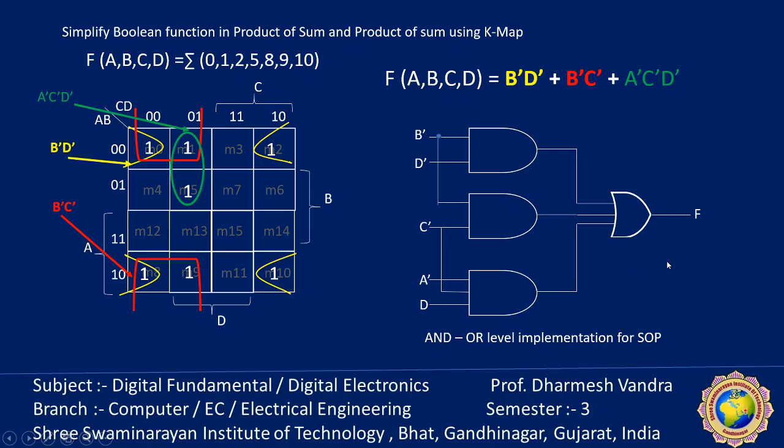So we put here an OR gate. This is known as AND-OR level implementation. Two levels: one is the AND level and the second one is the OR level. This is normal practice in sum of product. Product is done by the AND gate at the first level, and all the outputs of the AND gates are ORed with an OR gate. It is known as the AND-OR level implementation for sum of product simplification.